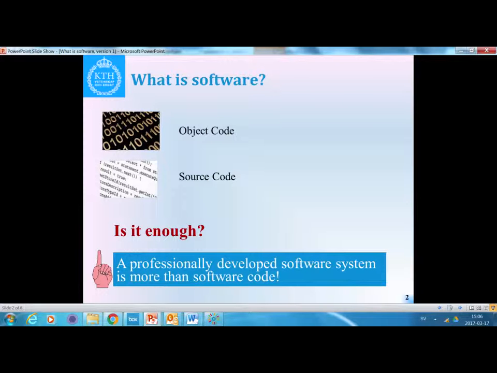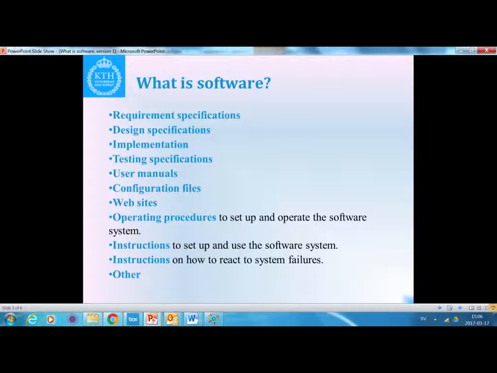There are other things. And these things are requirement specifications, specifying what needs to be implemented, design specifications, specifying how the requirements should be implemented, implementation of course, specifications of what tests have been done and how the testing has been conducted. Don't be surprised when I tell you that even user manuals are classified as software.